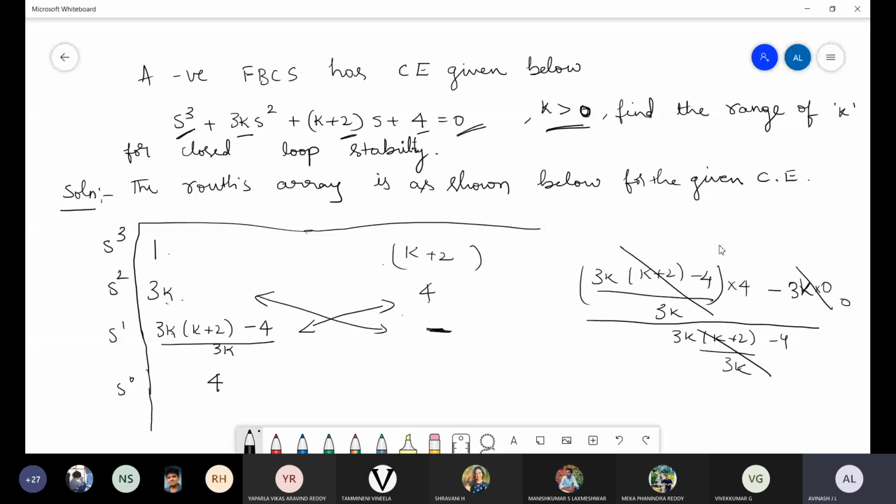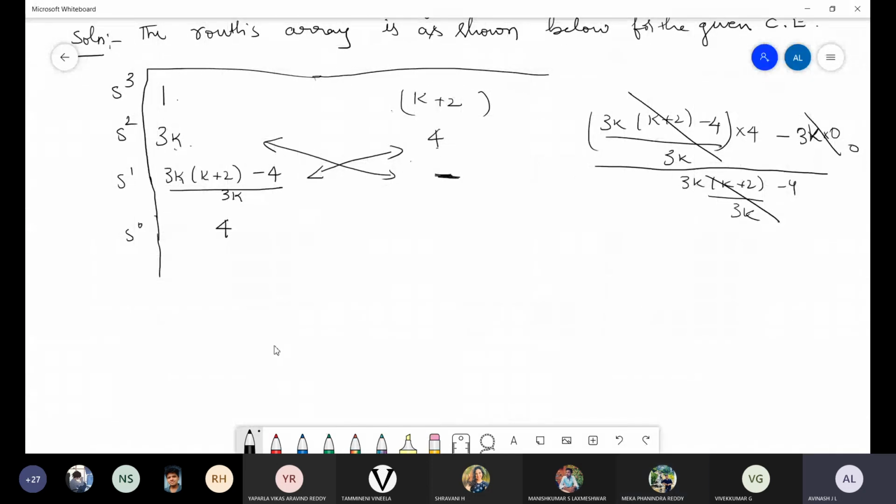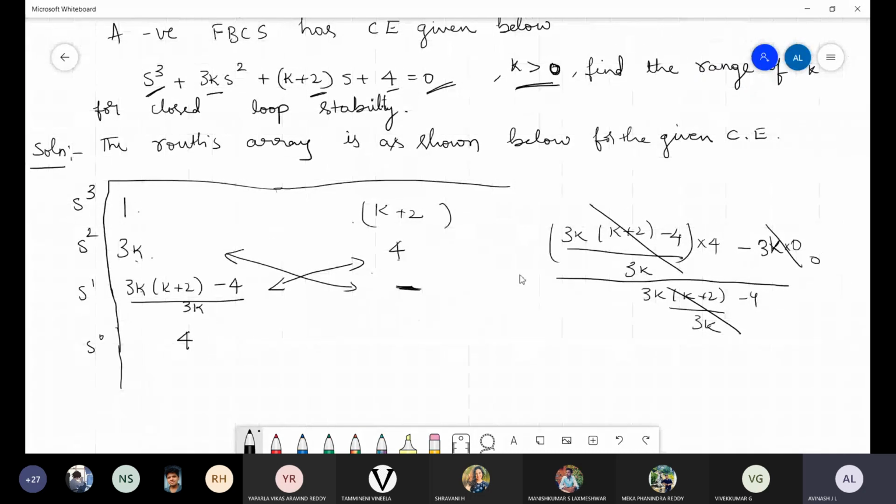Clear? So did all of you get this particular answer? No, sir. Doing, sir. Okay, please do it and confirm whether you get the same answer or not. You can refer to the whiteboard.